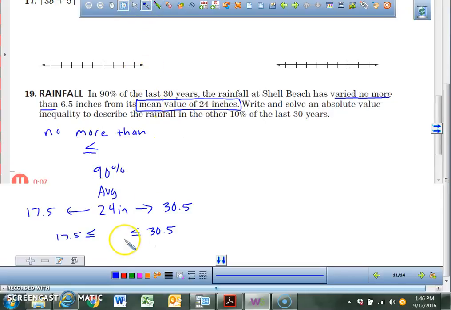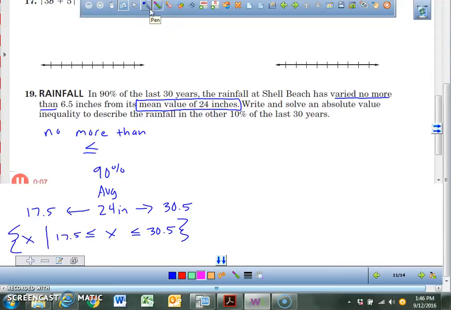We don't know what it is, so we could say x is somewhere in between. So without doing a whole bunch of math, we just built our answer in set builder notation of the boundaries, the boundaries of how much rain was happening in 90% of the last 30 years.